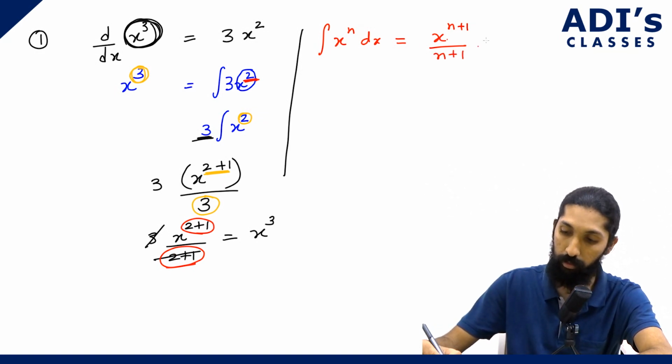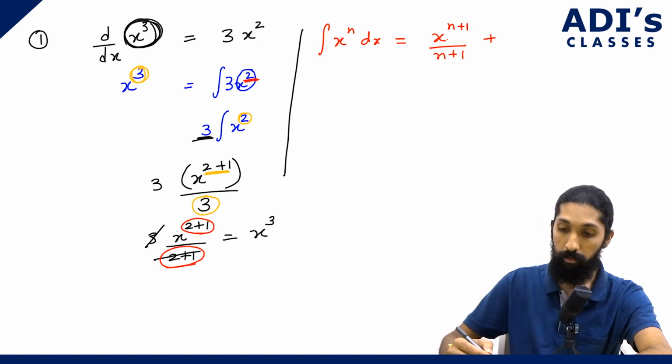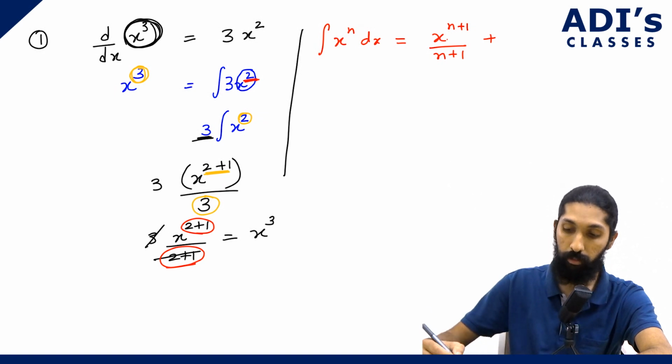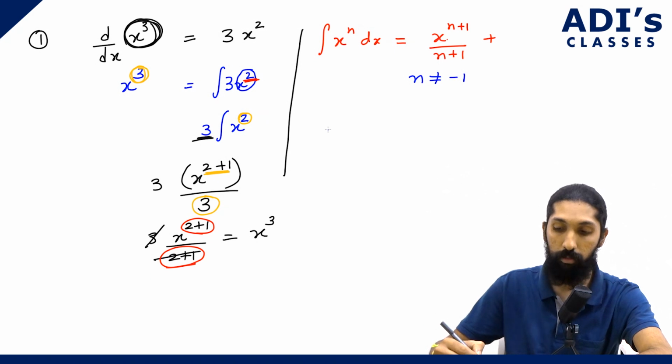Plus c. In the last video, you guys saw the integration constant. There is a condition here though. The condition is n is not equal to minus 1. Otherwise, the denominator would become 0. That's why we don't do it.